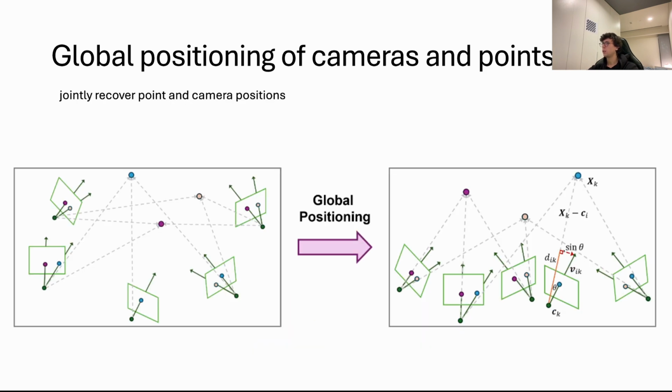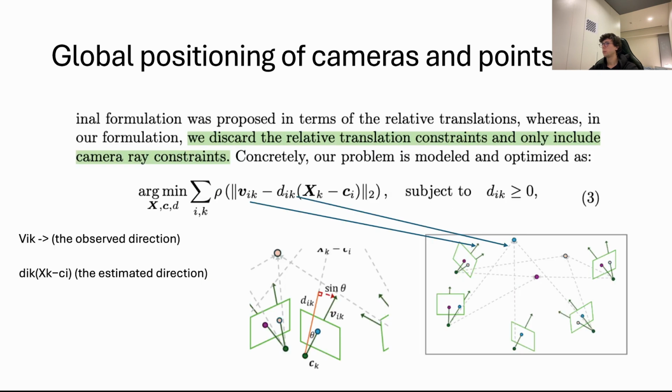And that is actually what we see here. We have a situation in which the angular distance is minimized for each point in the space and for each camera in the space as well. For example, here we see the estimated direction d and the observed direction.